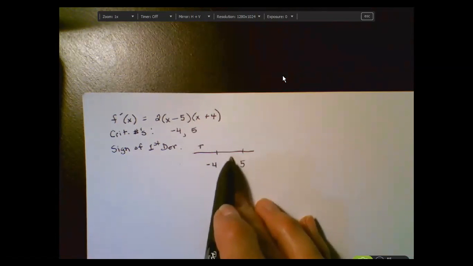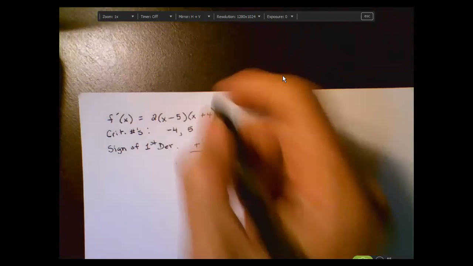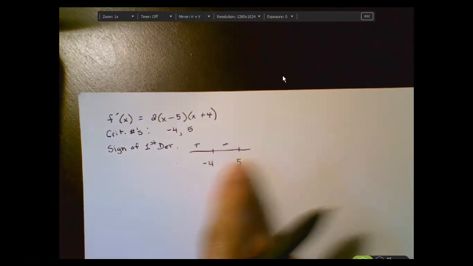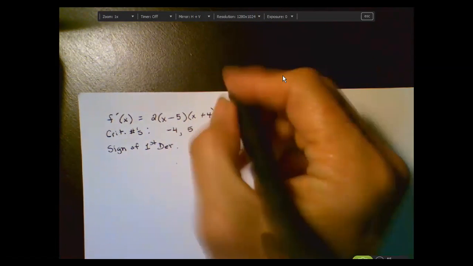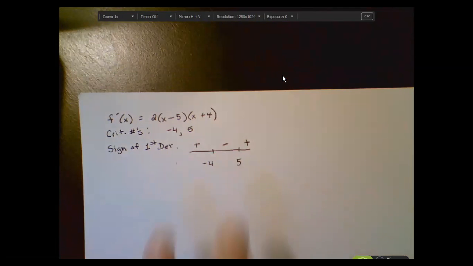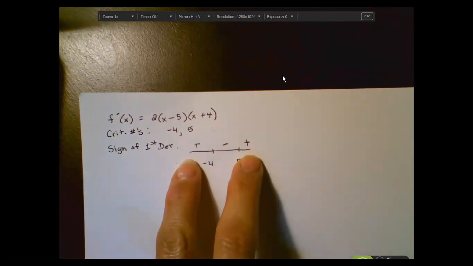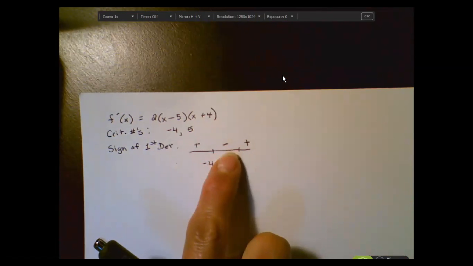If you let x be 0, you'd have a negative times a positive. And if you let x be 6, you'd have a positive times a positive. So wherever the first derivative is positive, that tells you where the function's increasing. Wherever it's negative, that tells you where the function's decreasing.